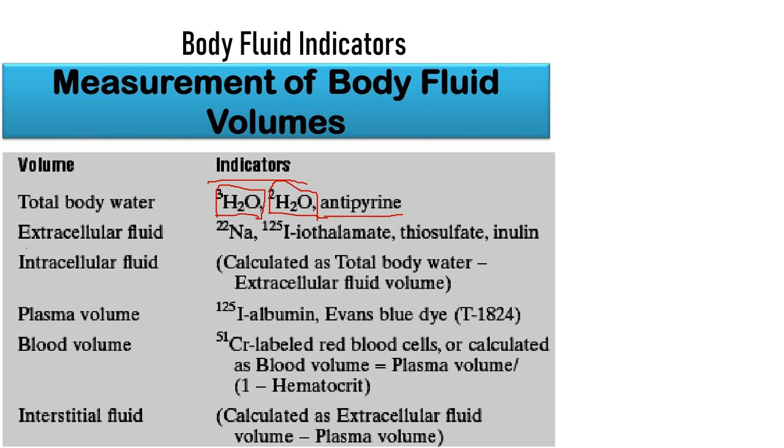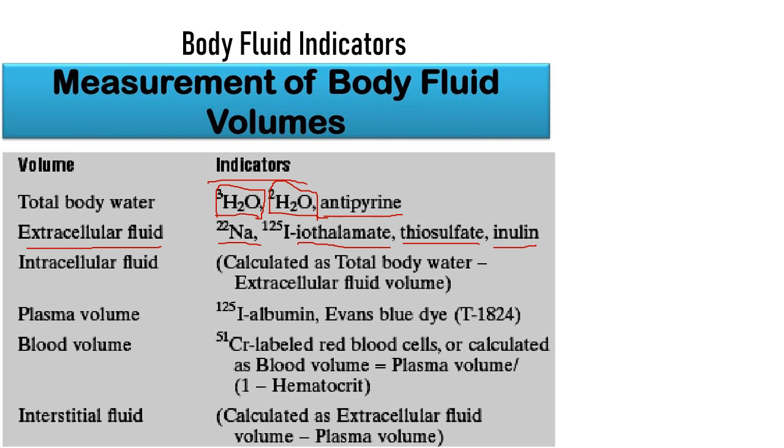Then to measure extracellular fluid, you can use inulin, which is the most common one. You can use thiosulfate, sucrose, iothalamate, and an isotope of sodium. So what makes these indicators so special to measure extracellular fluid?